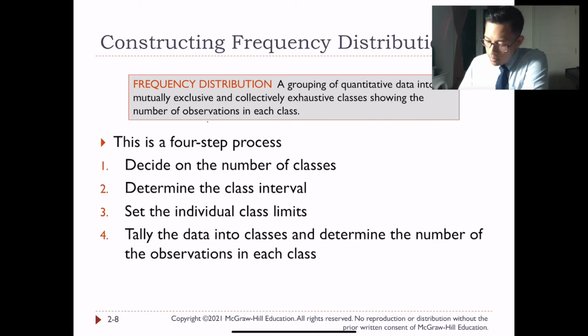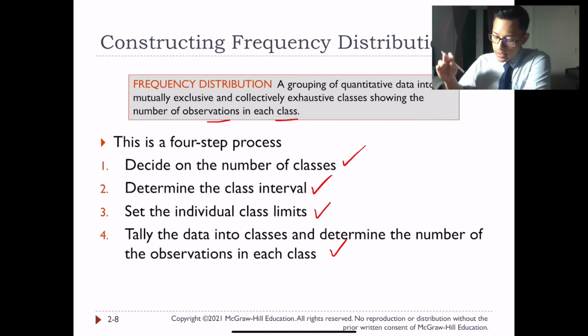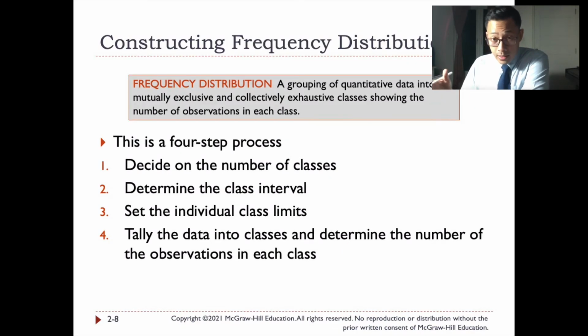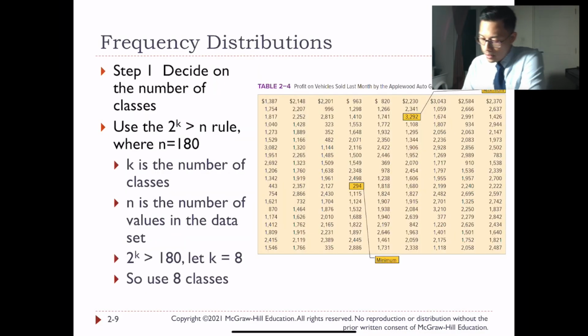You're going to decide the number of classes, the class interval, meaning how wide one interval is to be, and set the individual class limits, and then tally the data into these classes and determine the number of observations in each class. Okay, so let's decide on the number of classes.